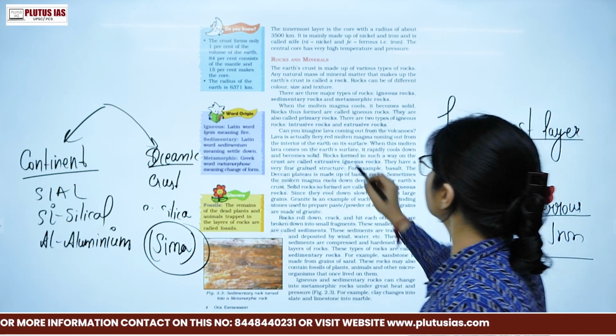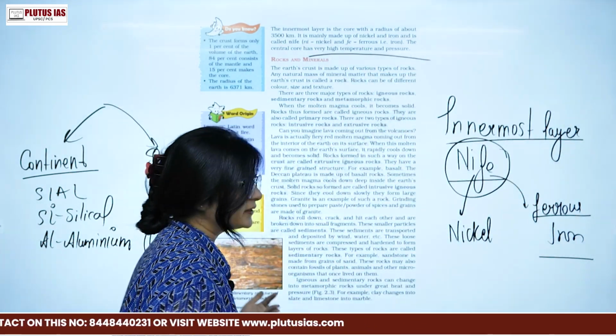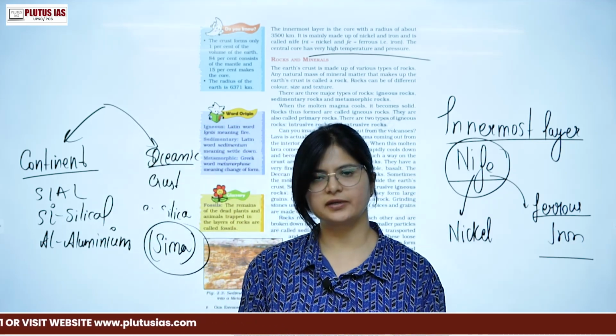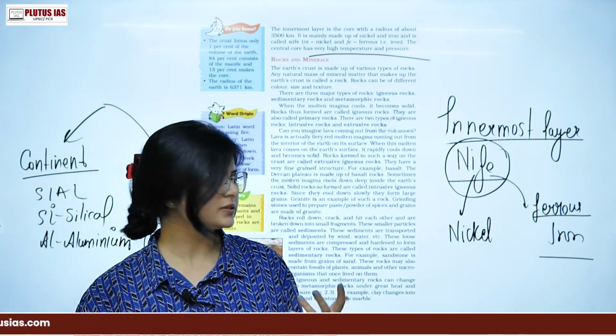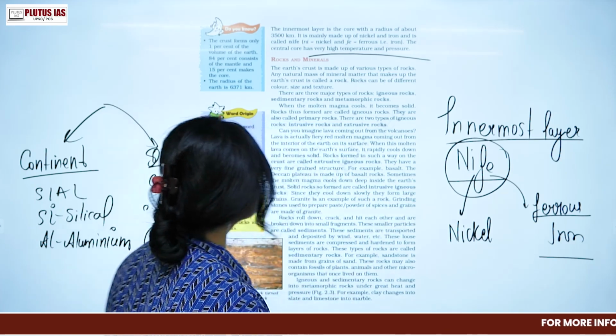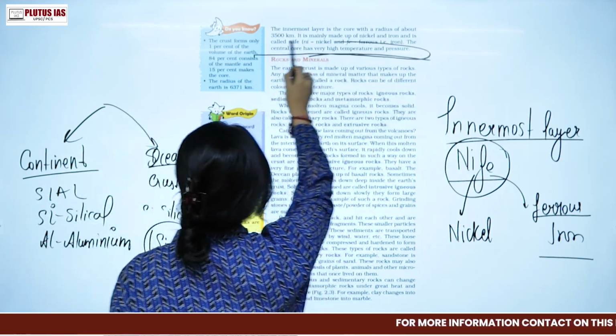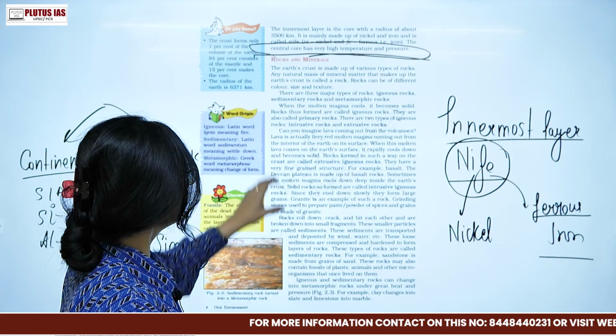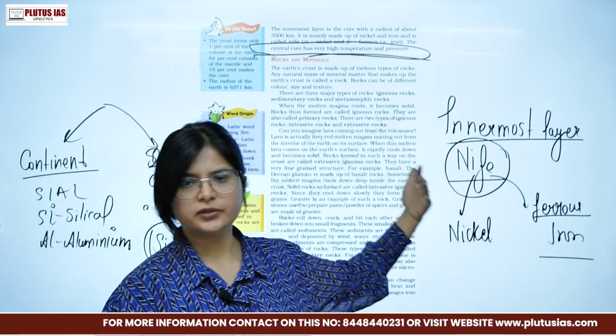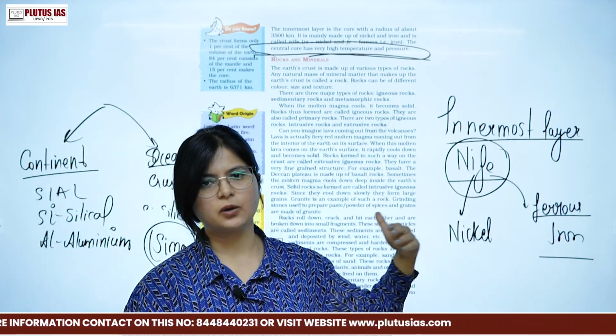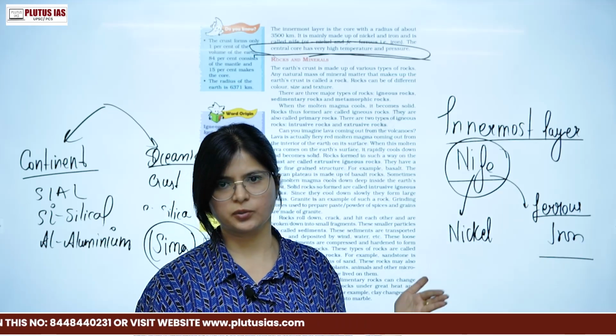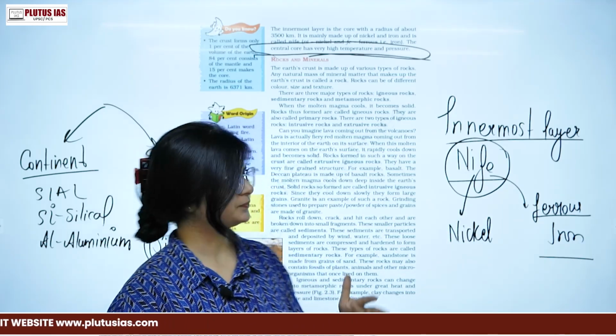Now, what are the temperature and pressure in different layers? That I am going to discuss later on. This is the most important part. First we will understand how the rocks and minerals are, then I will discuss how the temperature and pressure vary in different layers.